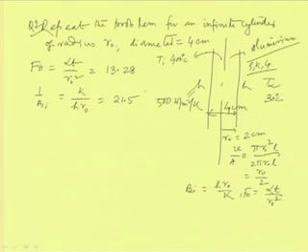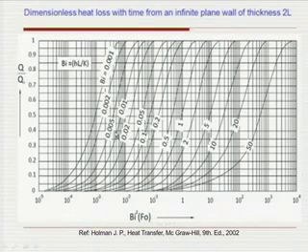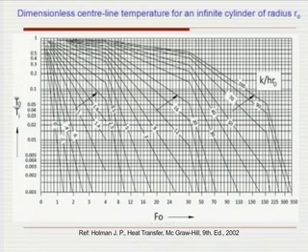Okay. So, once we know this Biot number and the Fourier number, now we can find the value of T naught bar by Ti bar, and this is around 0.275. We can get this by going back to the plots. In case of the cylinder, there is a plot of T naught bar by Ti bar versus Fourier number.